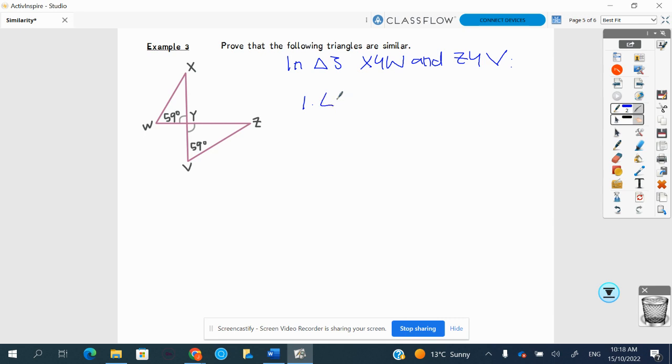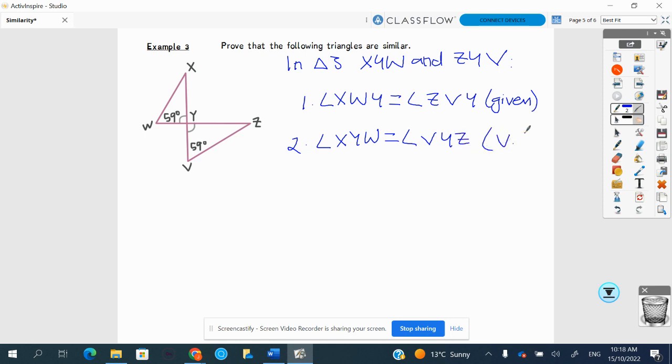So angle XWY is equal to angle ZVY, and that is given. So 2, we have some vertically opposite angles here. So angle XYW is equal to angle VYZ. That's because they are vertically opposite.